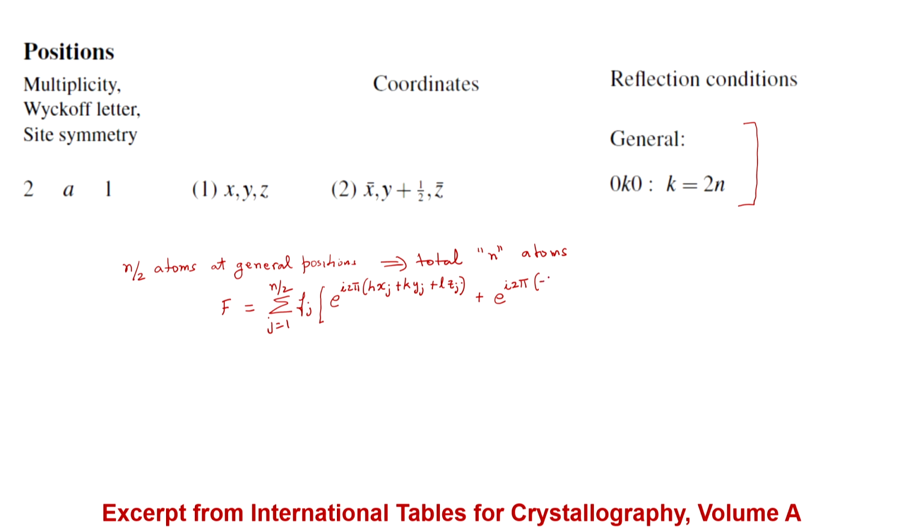So, minus h xj, k times yj plus half, minus l times zj. So, this is how the structure factor would look.